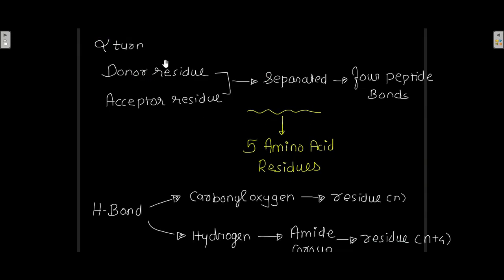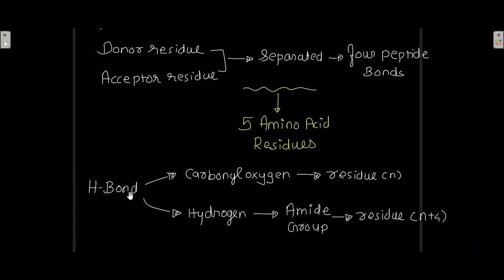Now in the case of an alpha turn, the donor residue and the acceptor residue are separated by 4 peptide bonds. That is, in an alpha turn, 5 amino acids are involved. Okay, so the hydrogen bond is formed between the carbonyl oxygen of residue N and the hydrogen of the amide group of residue N plus 4.